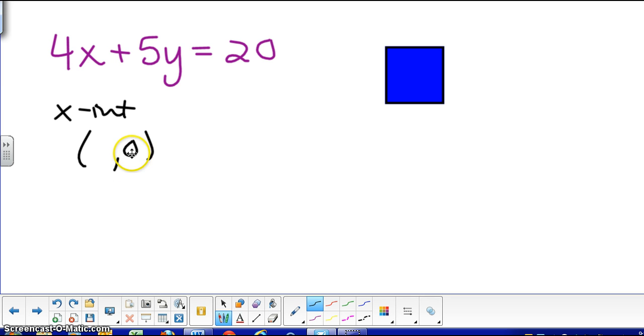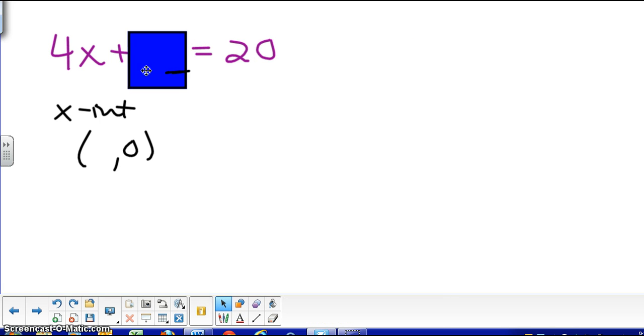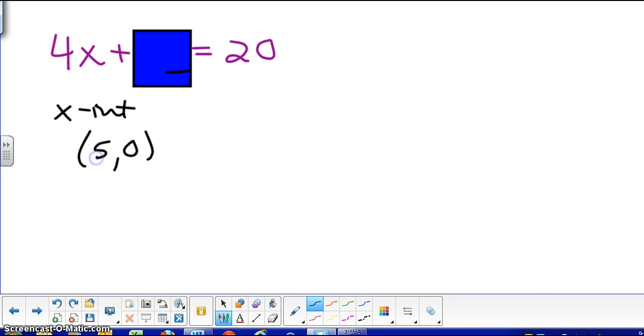So I'm going to take 0 and plug it in for the y right here. Well, anything times 0 is just 0. So that's why I call this the cover-up method, because that is no longer there. And what is the value of x? So 4 times 5 would give you 20. So the first point, or the x-intercept, would be 5, 0.